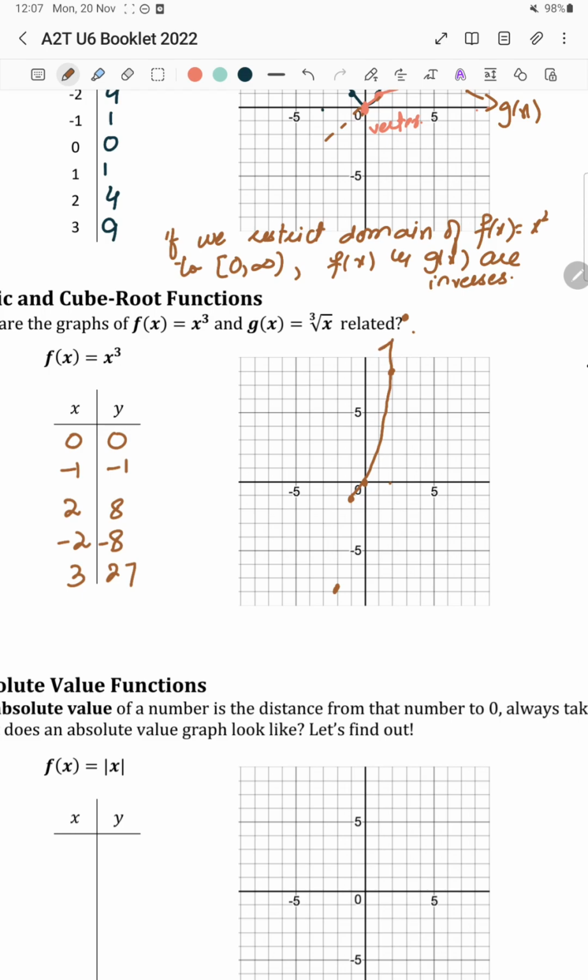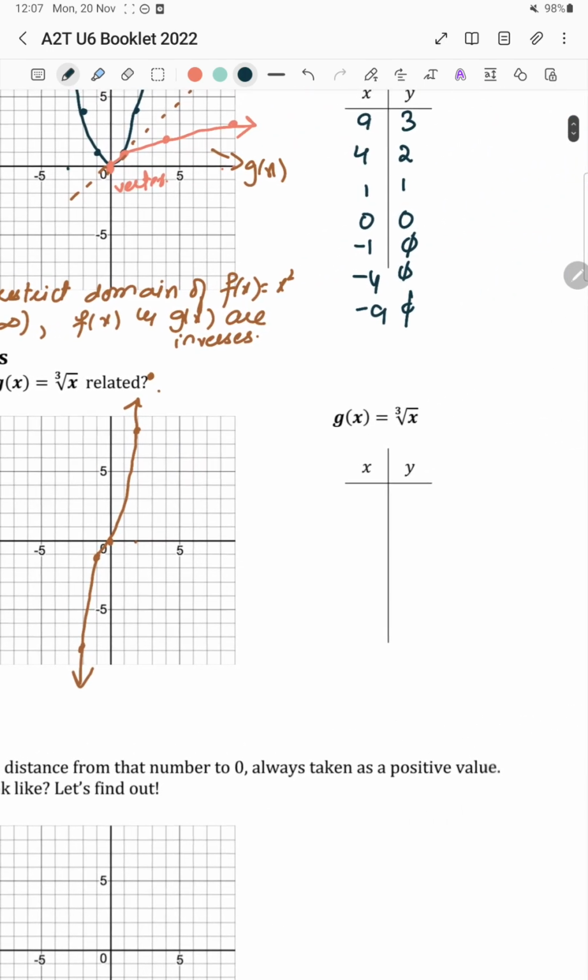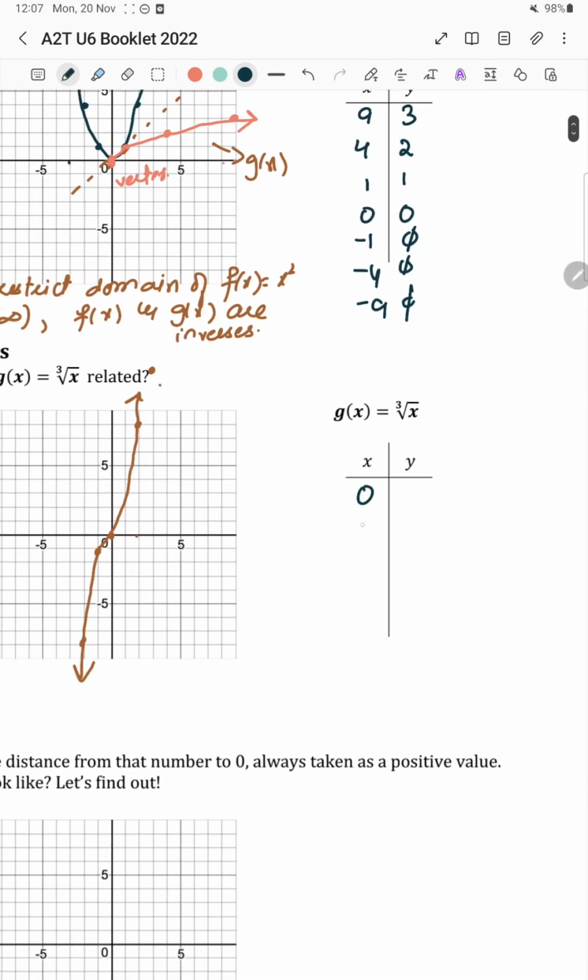The graph is going in this direction. 0, 1, negative 1, 8, negative 8, 0, 1, negative 1, 2, negative 2.